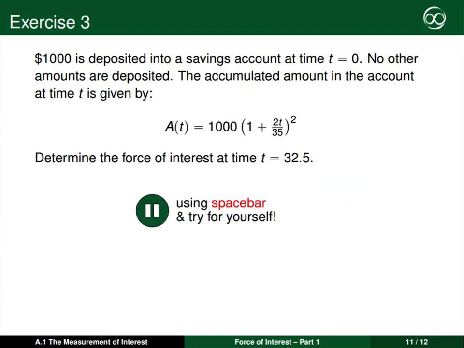This is exercise 3. Pause the video and try it for yourself. Okay, so 1,000 is deposited into a savings account at time t equals 0. No other amounts are deposited. The accumulation amount in the account at time t is given by, in this particular problem, the amount function.